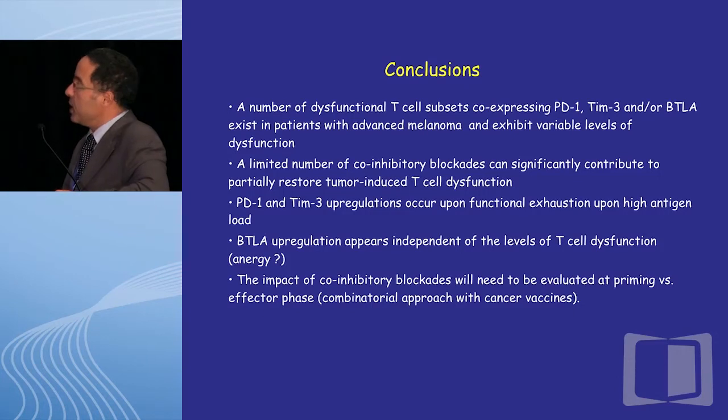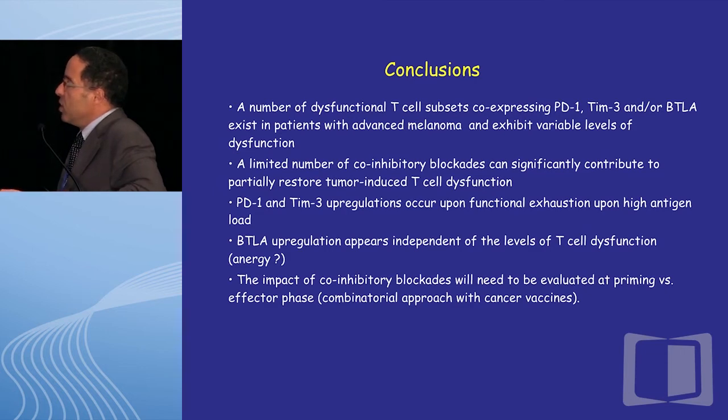So I would like to conclude that I showed you that there is a number of dysfunctional T cells co-expressing PD-1 and TIM3 and/or BTLA. I'm talking about dysfunction, not exhaustion, because, as I hopefully showed, BTLA is not a marker of exhaustion but of dysfunction, possibly anergy. We still have to work on that. And a limited number of co-inhibitory blockade antibodies may lead to enhancement of the anti-tumor response.